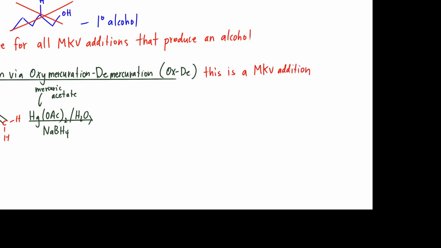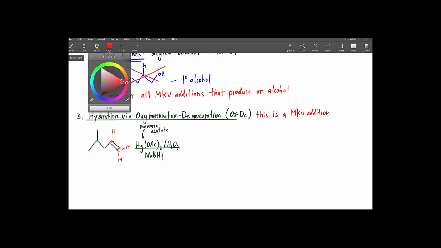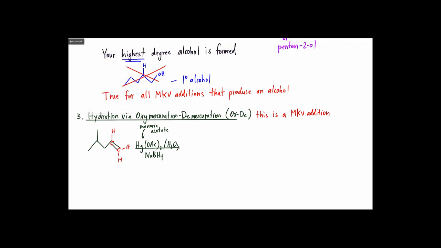This is a Markovnikov addition in that your H plus is going to add to the carbon with the most hydrogen. So H plus is still your electrophile.